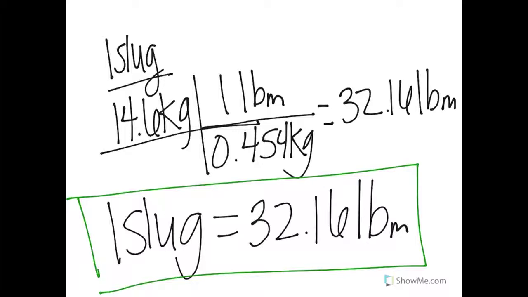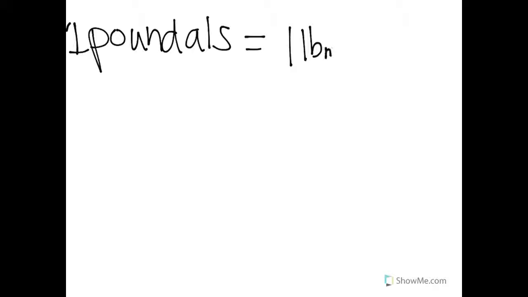Now, on the other hand, we have poundals. A poundal, we can say, is the force that is required to move 1 pound mass at an acceleration of 1 foot per second squared.